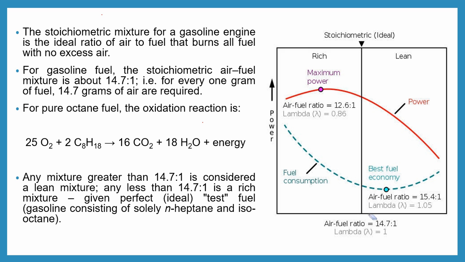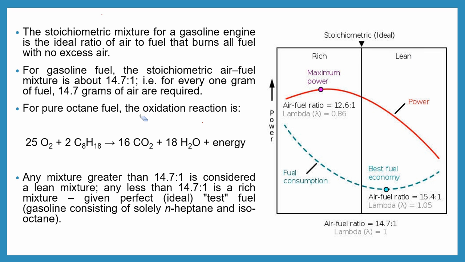In this portion, the stoichiometric level is shown, which means 14.7 to 1. When the air and fuel mixture ratio is less than the stoichiometric ratio, it is called the rich mixture. When the air and fuel mixture ratio is greater than the stoichiometric ratio, it is called the lean mixture.